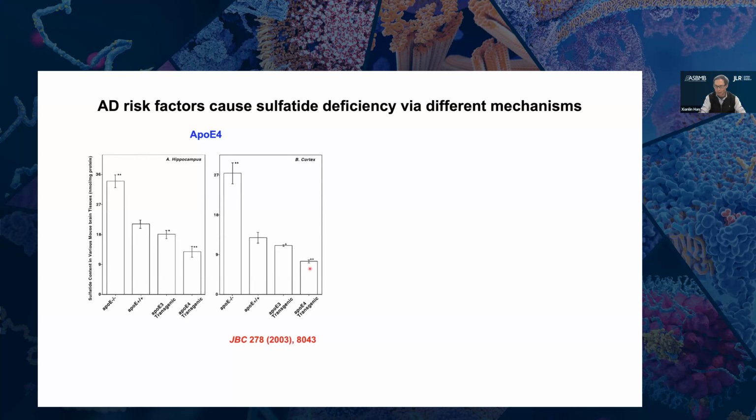In contrast, if you knock out ApoE, sulfatide accumulates in the brain. That indicates ApoE4 could be involved in sulfatide loss, modulating the sulfatide content.